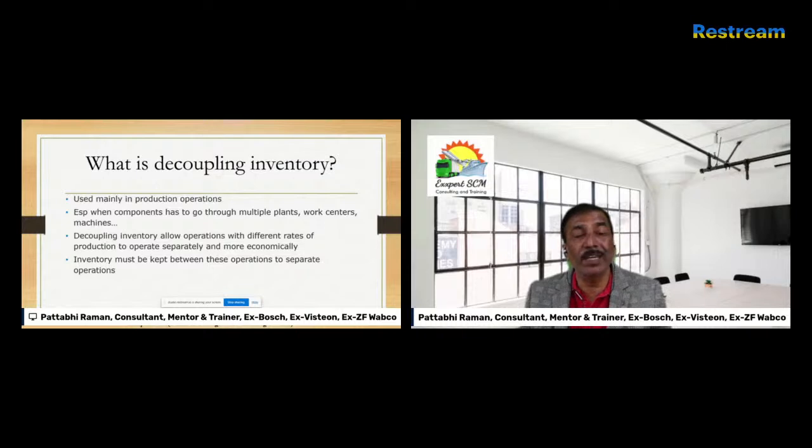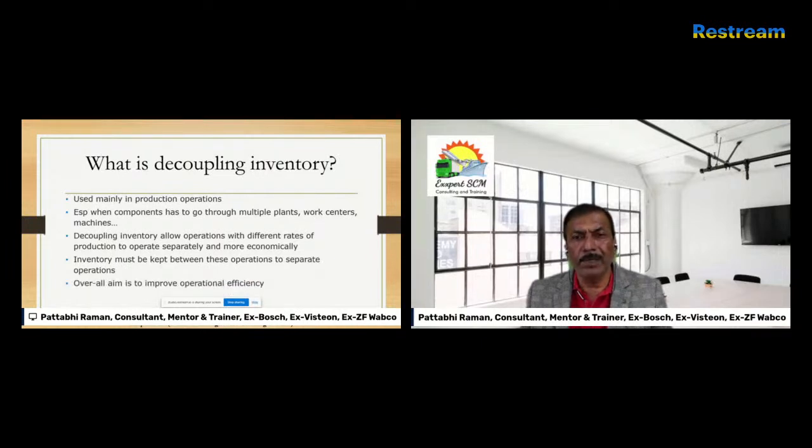That is the reason why we identify such areas in between the machines or in between the work centers, where you can keep some decoupling inventory, which means the other operation should not wait for inventory from the previous operation, and the machinery and equipment should be continuously used.